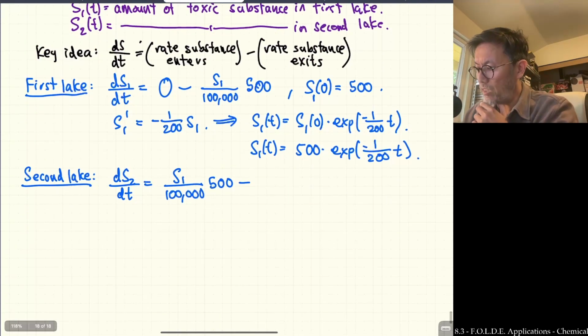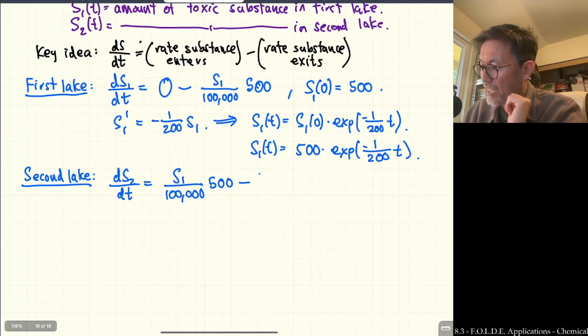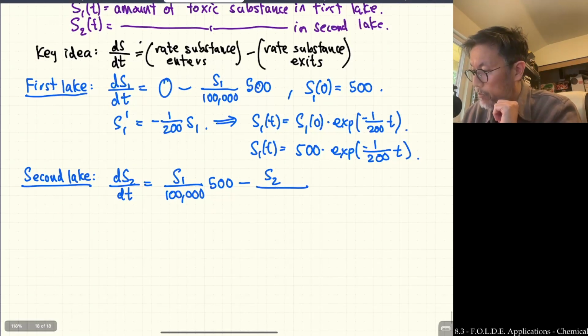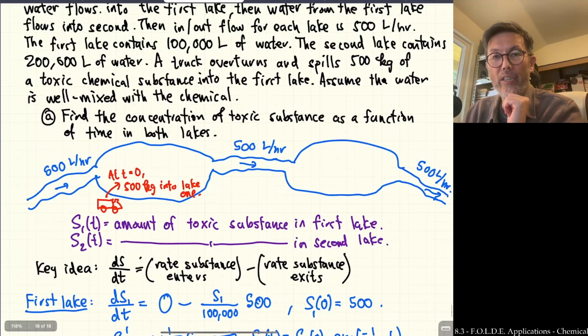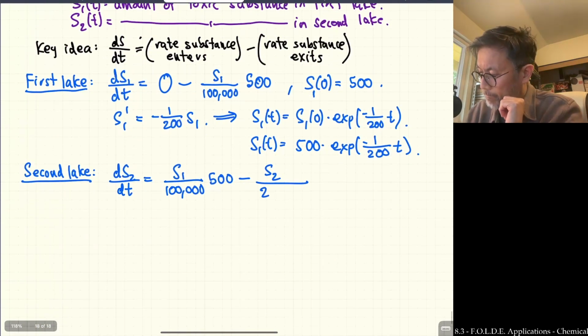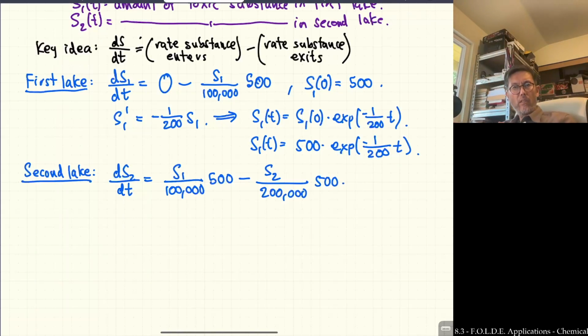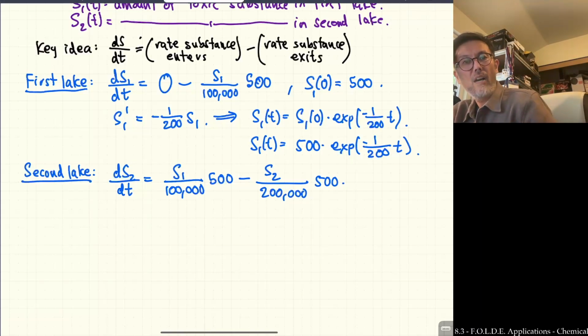So first of all, what's the concentration in the second lake? It's the amount of stuff in the second lake divided by the volume of the second lake, which, by the way, is 200,000 liters. And this is multiplied by 500. Okay, so this is complicated, more complicated maybe than what we've seen in the past.